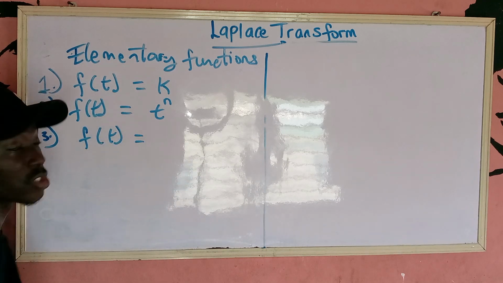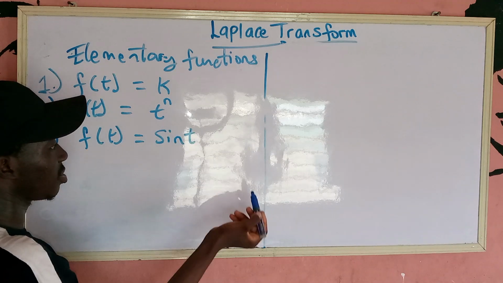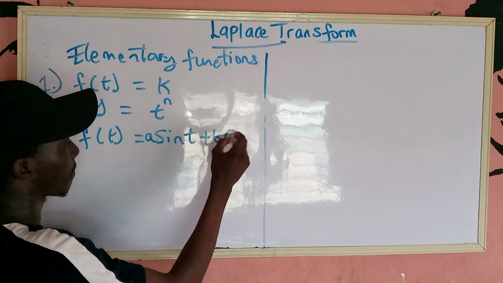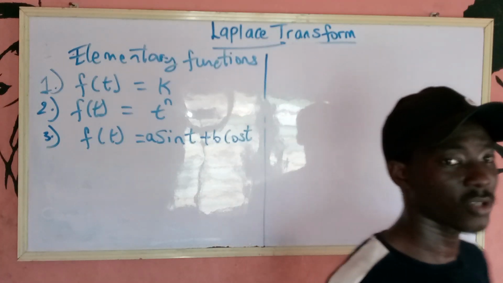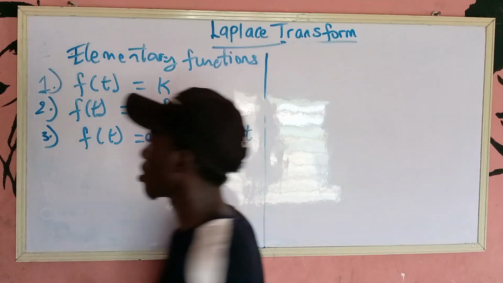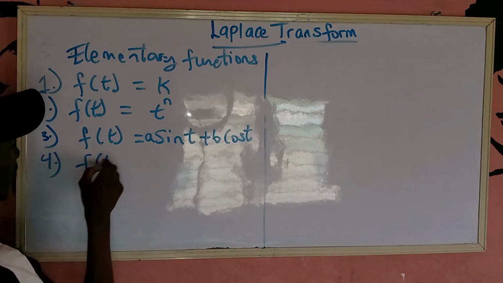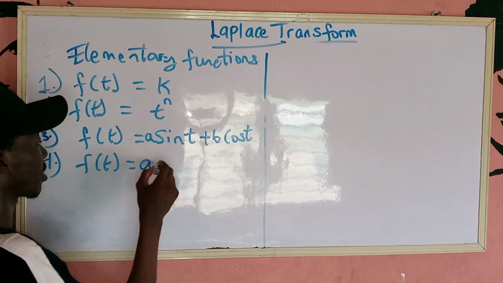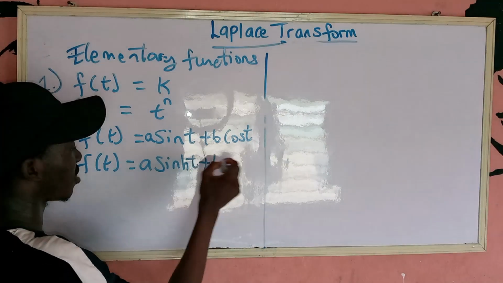Another function of t can be, for example, your trig functions like sine t and cosine of t. Different trig functions can also be used, but the most basic ones are the ones I'm writing. We can also have the hyperbolic functions, like when you have something like this and something like this.